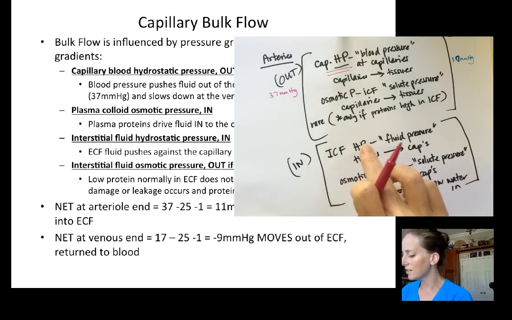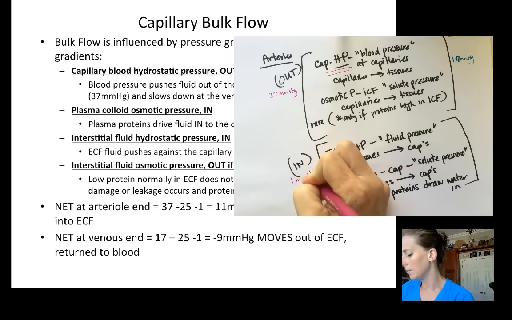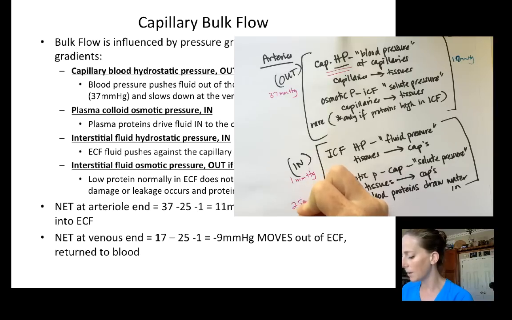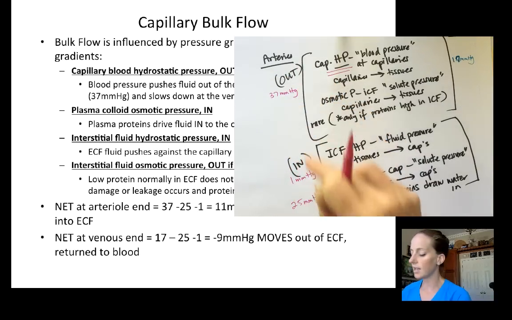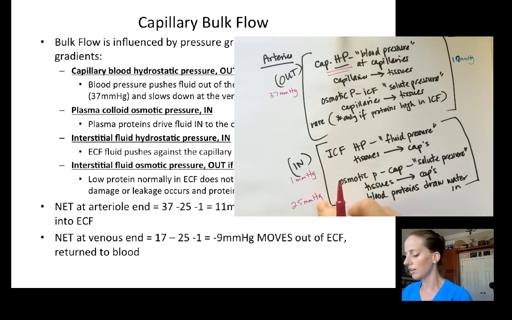And this is because there is fluid in the capillary. So that's going to be about 1 millimeter of mercury. The osmotic pressure of the proteins in the blood pulling water from the capillaries in is much higher, about 25 millimeters of mercury. So the dominant forces are the blood pressure out and the osmotic pressure in.